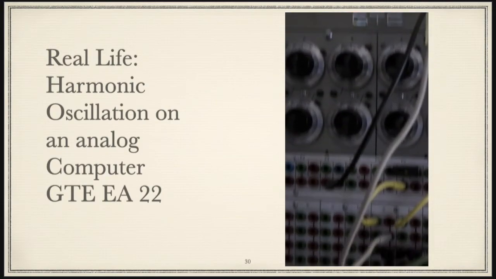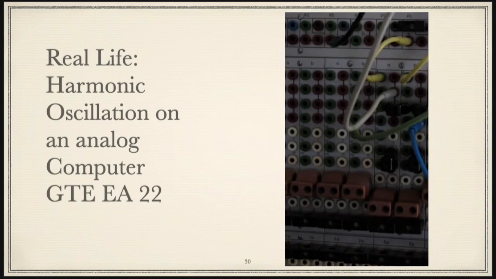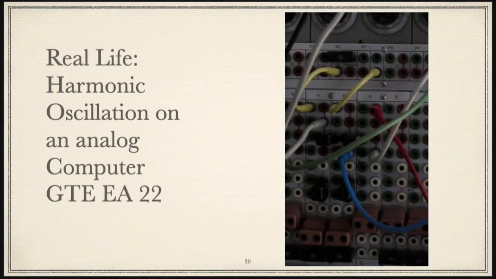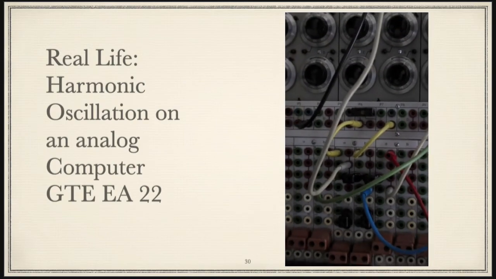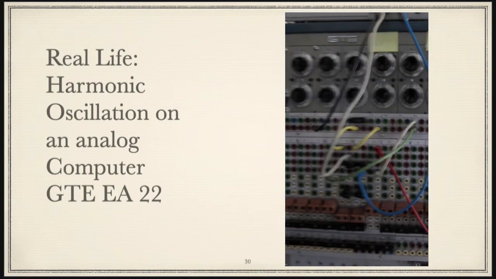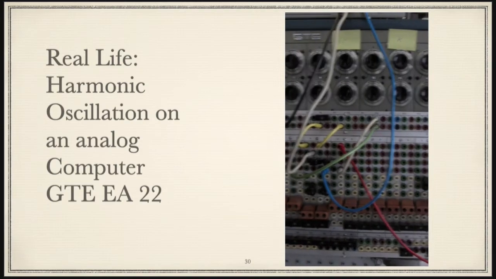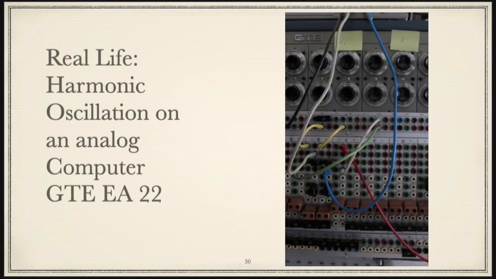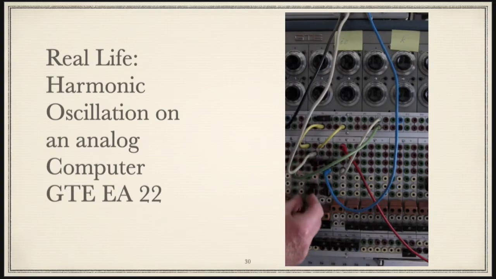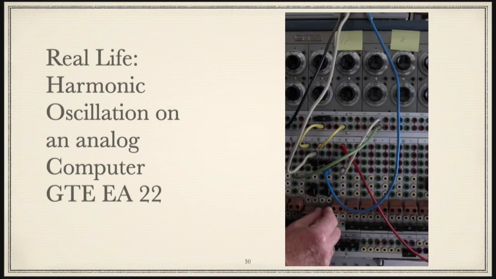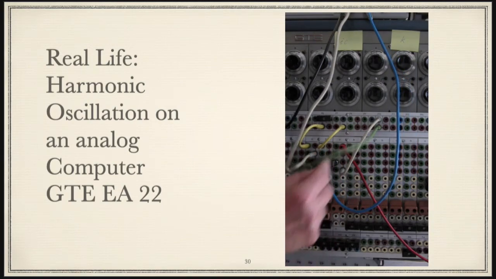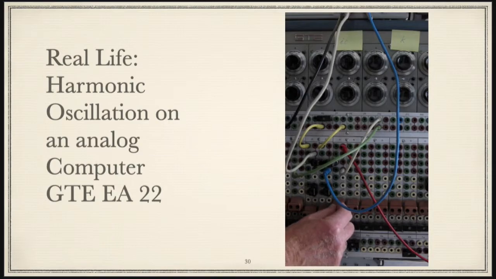We have to go here, and here, and a little bit more there. What must we do? This part here is an integrator. This part here is an integrator. And this part here is an inverter.